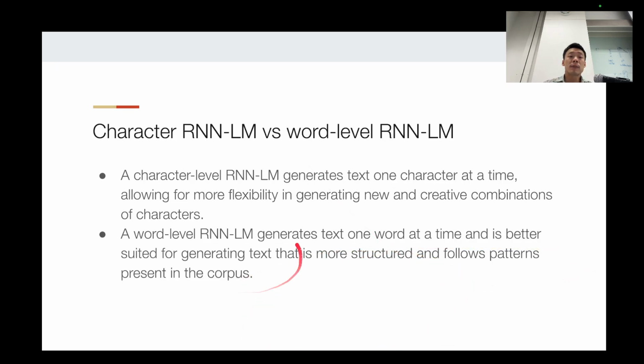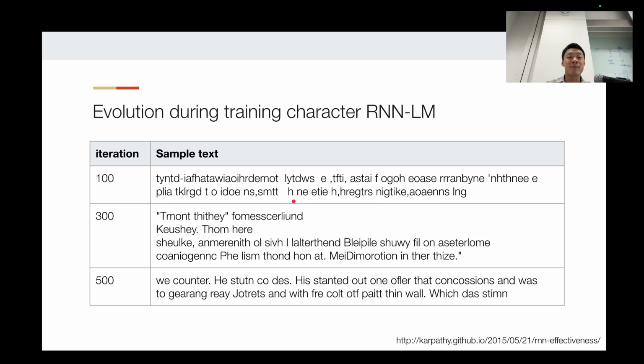Okay, so people use both. I have some examples. When you train an RNN-LM as a character model and let it generate at many points during the training process, you can see something kind of cute. At 100 iterations, what do you get? Gibberish, right?